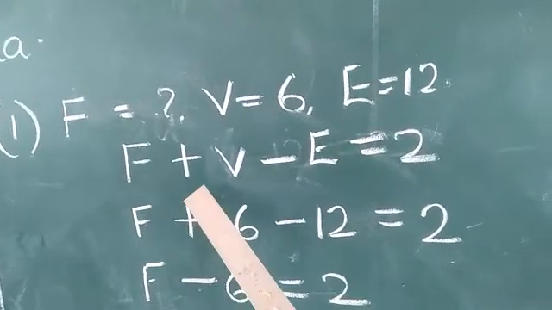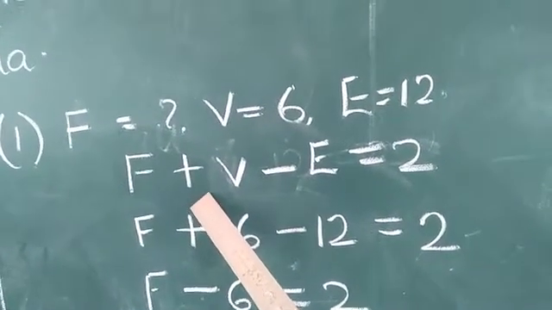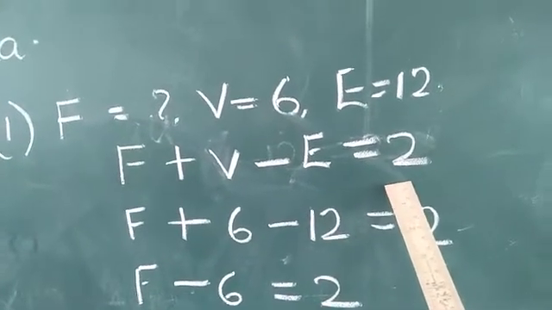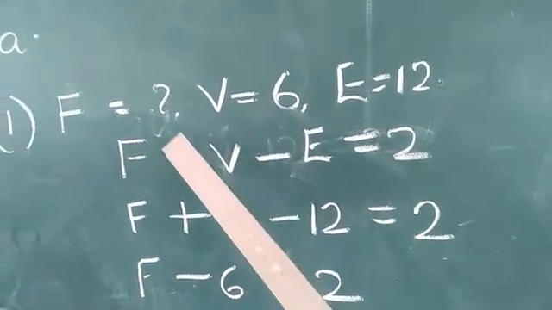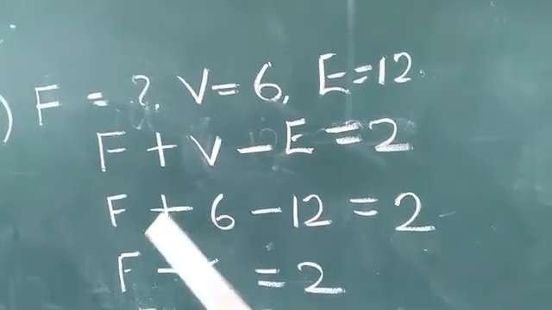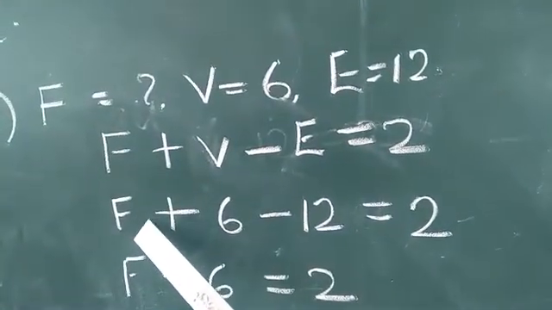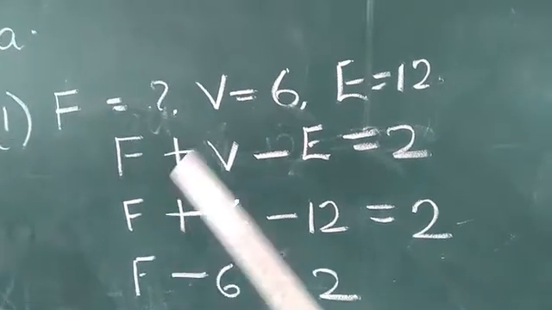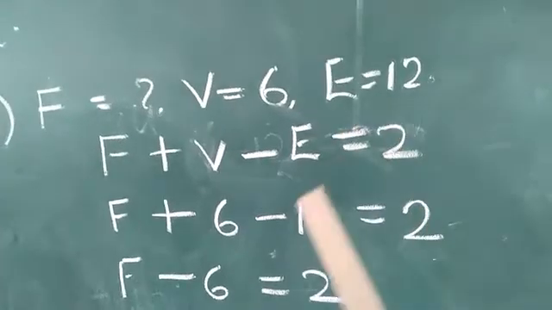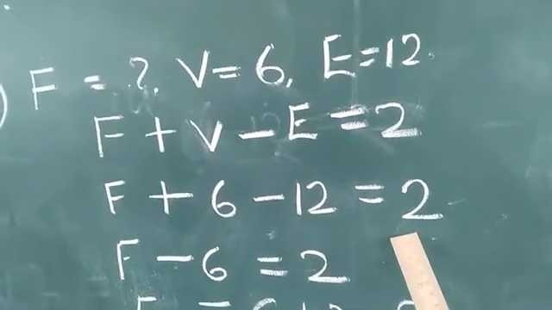So, we write Euler's formula, F plus V minus E equals 2. Substitute the values which are given in the question. F we don't know, so we write the letter itself, plus V 6 minus E 12 equals 2.